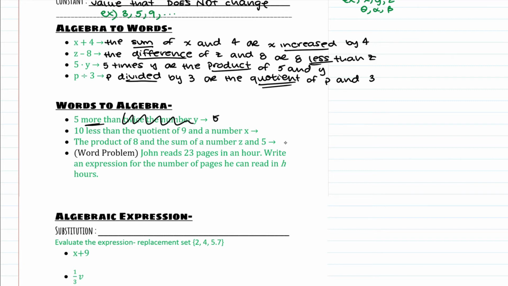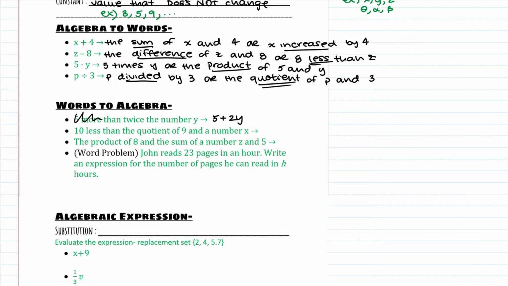So 5 plus, now let's not worry about this, and let's look at this. So twice the number y. So twice meaning 2, and twice the number y meaning you're multiplying 2 by the variable y.